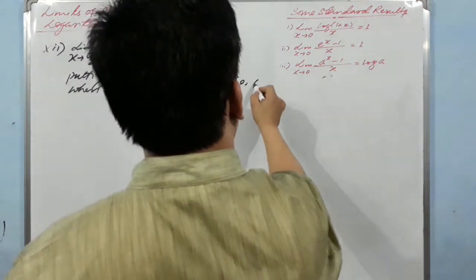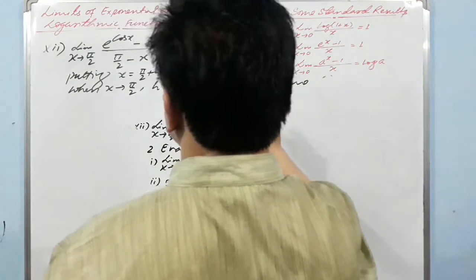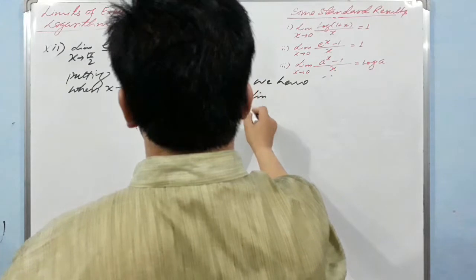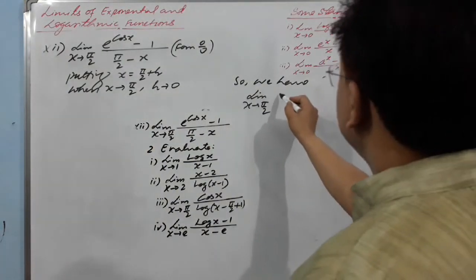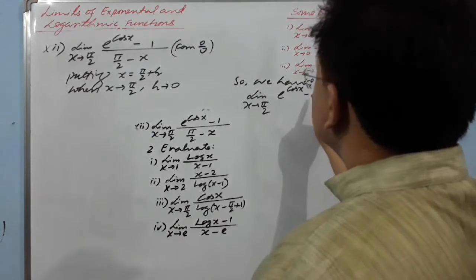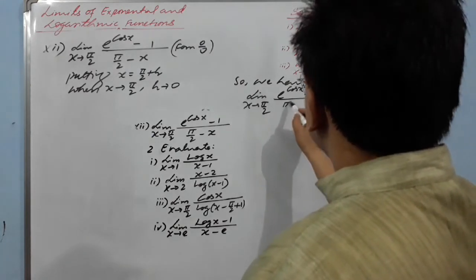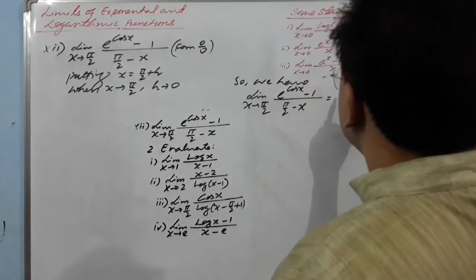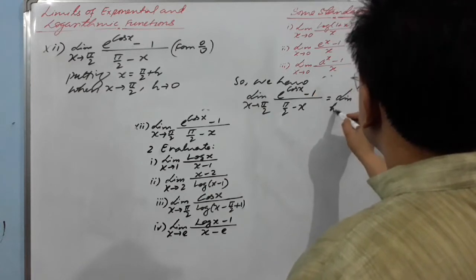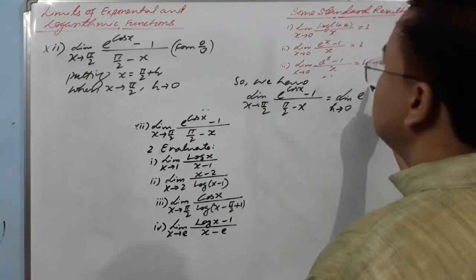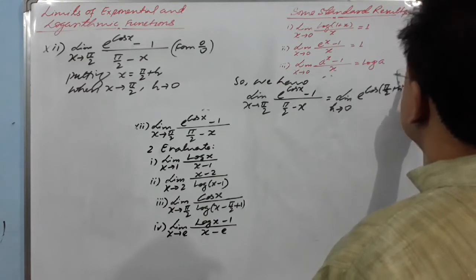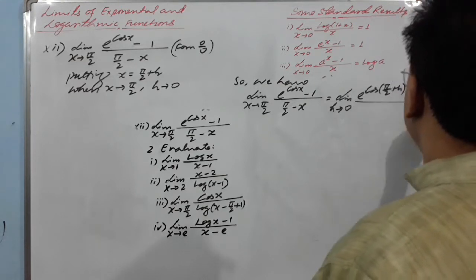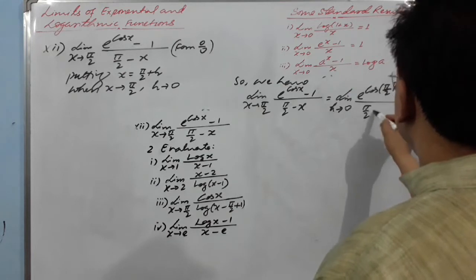So we have limit as x tends to pi by 2 of e raised to power cos x minus 1 over pi by 2 minus x, is equal to limit as h tends to 0 of e raised to power cos of pi by 2 plus h, minus 1 over pi by 2 minus x.